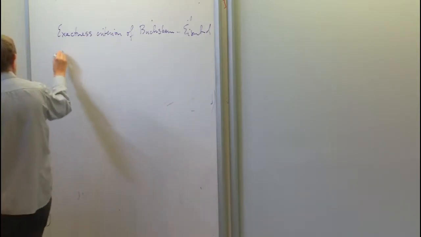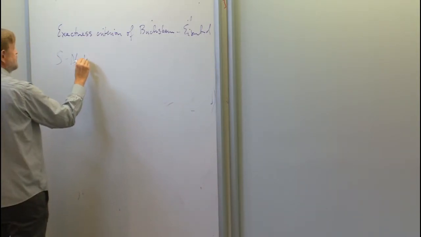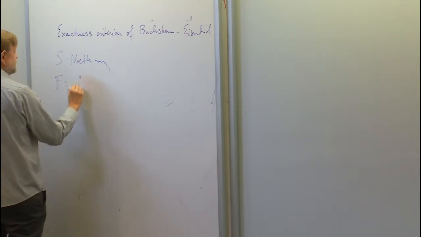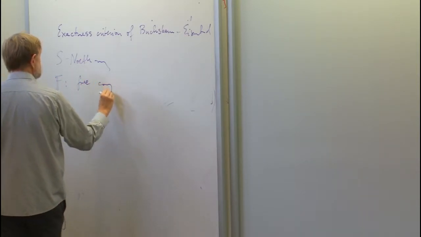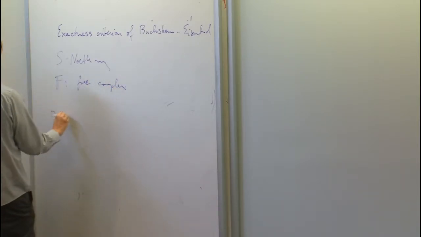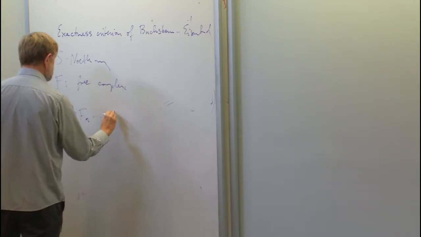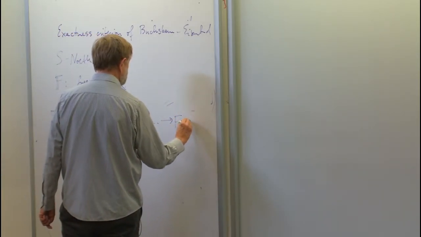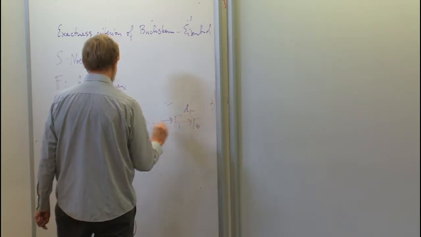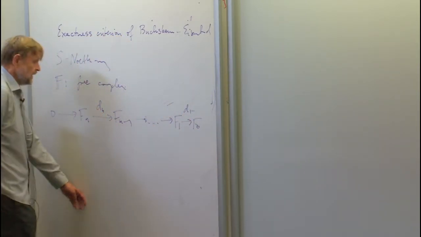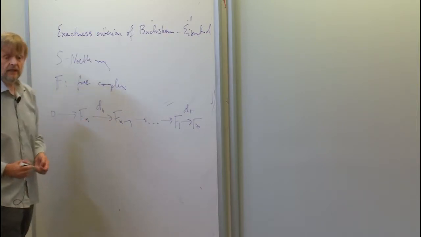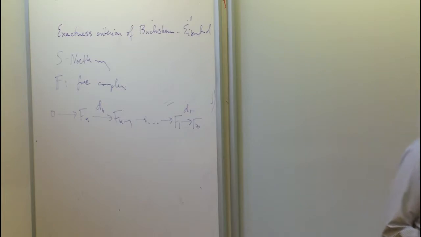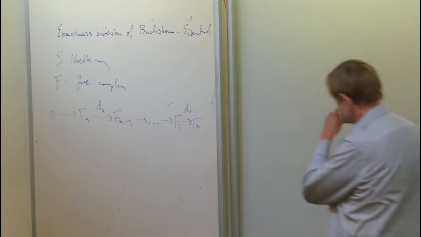So suppose S is a Noetherian ring, and you have a free complex F: 0 to F_n, F_{n-1}, ..., F_1, F_0, with maps d_1, ..., d_n. So you think of this complex as being a set of matrices over this ring with some fixed formats.